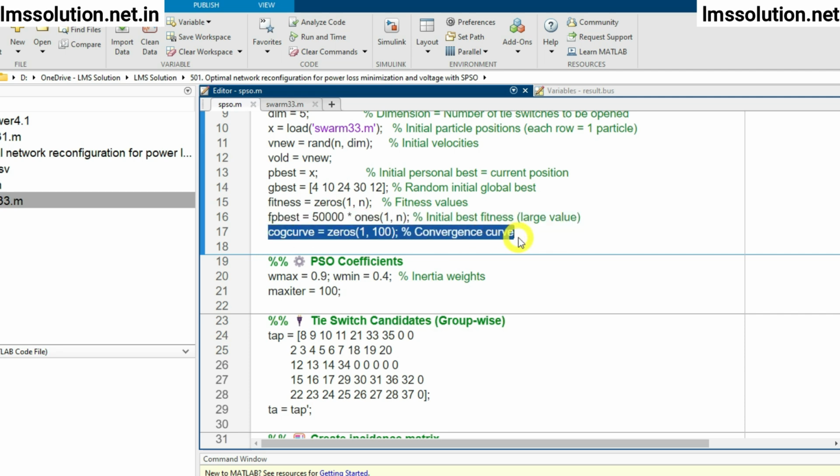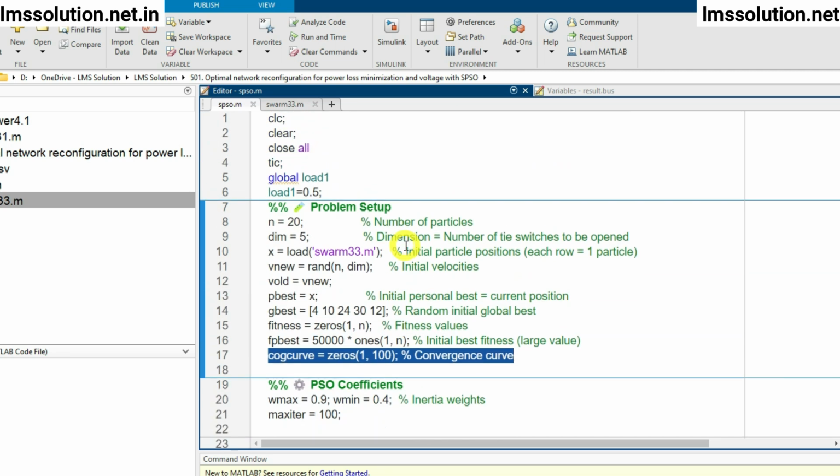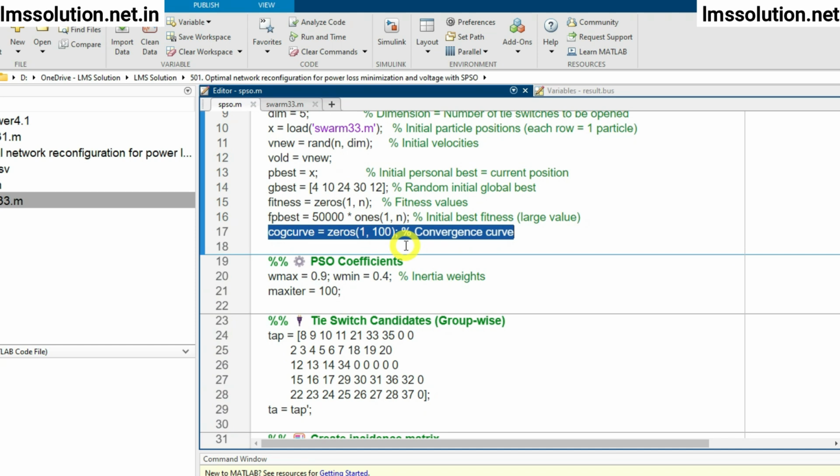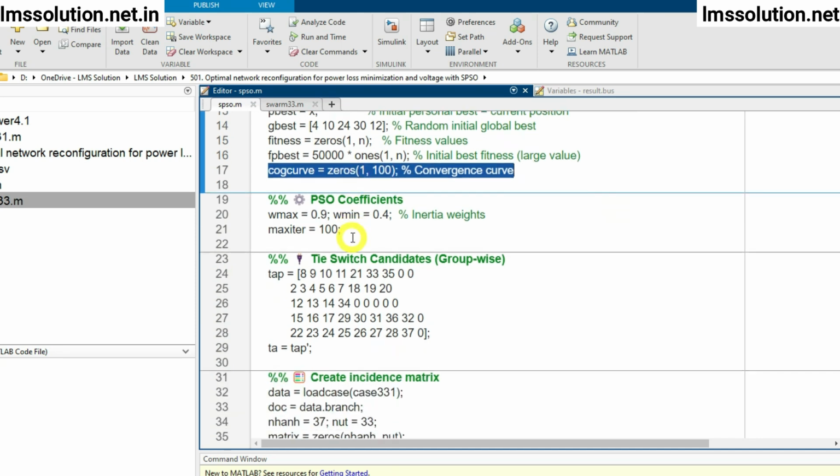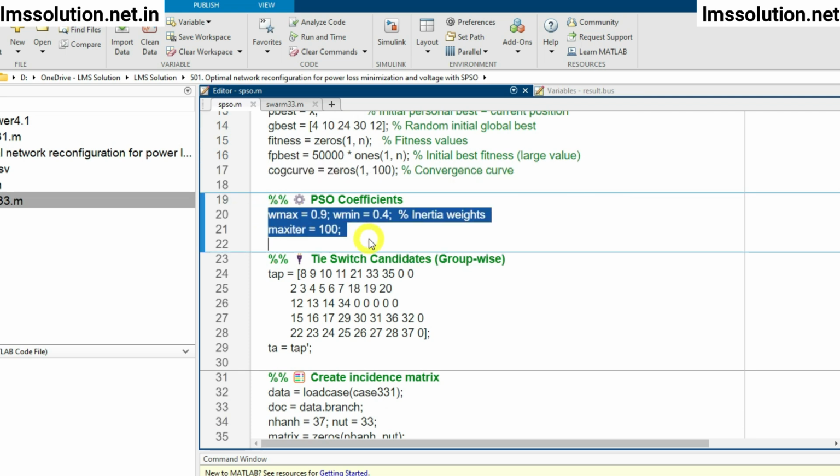And then the convergence detail, that means we need to plot the convergence graph, so for that the initial will be 0. And then here we are fixing the PSO parameters, W max and W minimum, which are nothing but the inertia weights. And we consider the maximum iteration as 100.